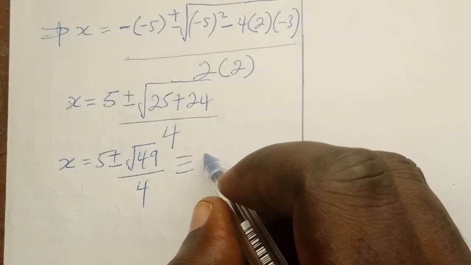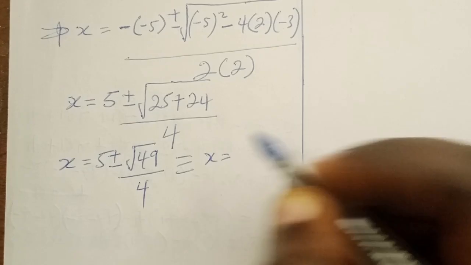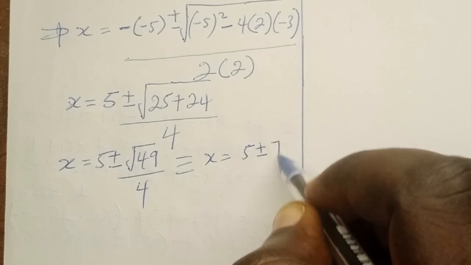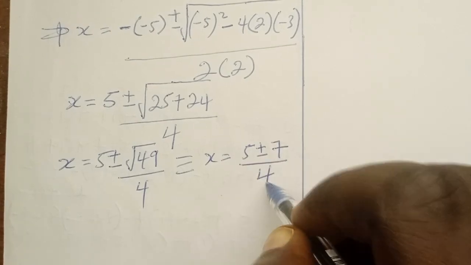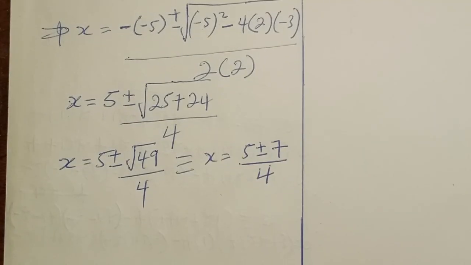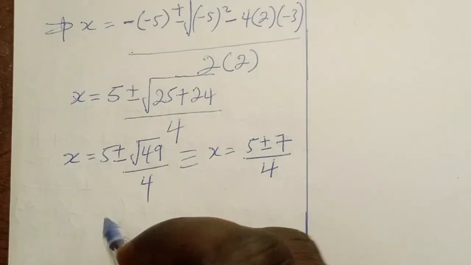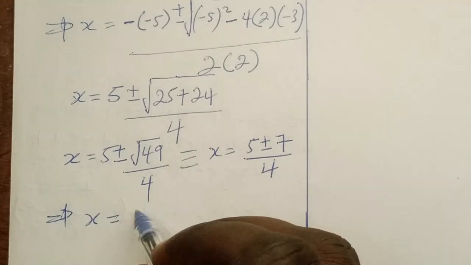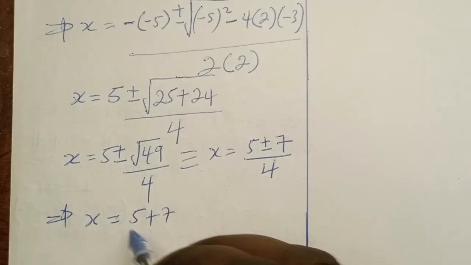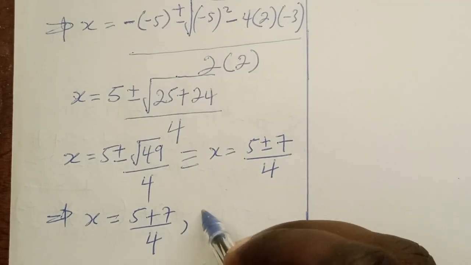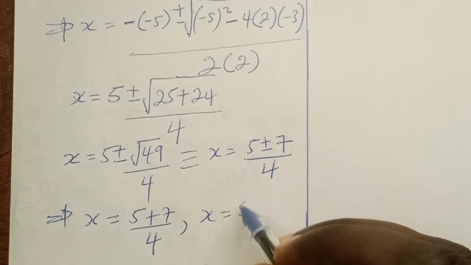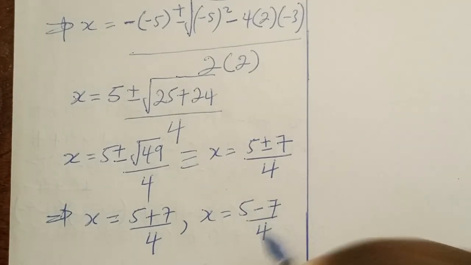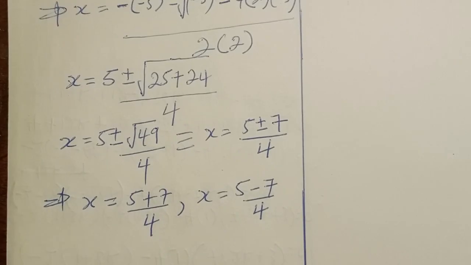So it means that x is equal to 5 plus or minus 7 divided by 4. Therefore, we are going to have two values of x. This implies that x will be equal to 5 plus 7 divided by 4, and x is also equal to 5 minus 7 divided by 4. Those are the two values for x we are going to have.